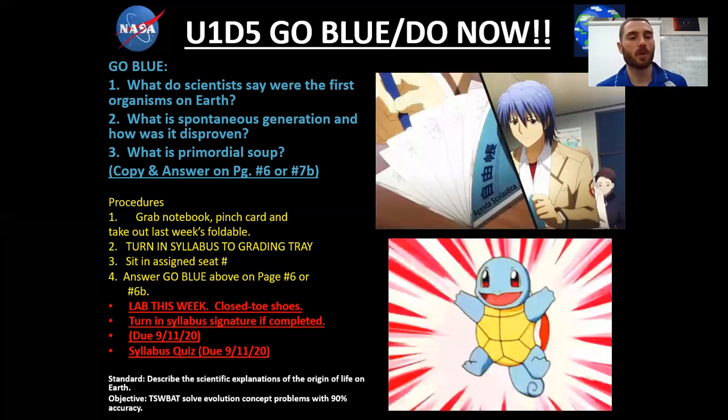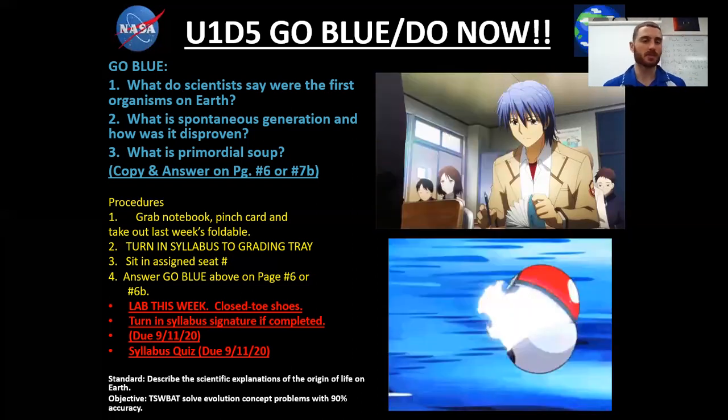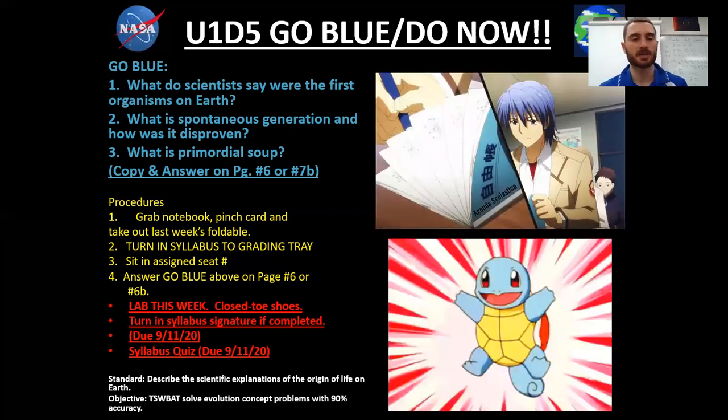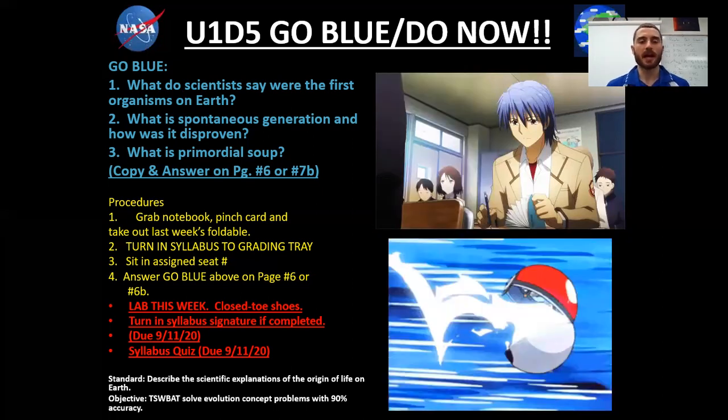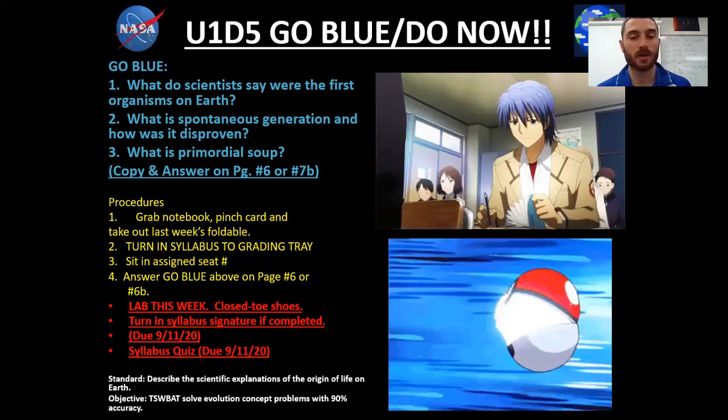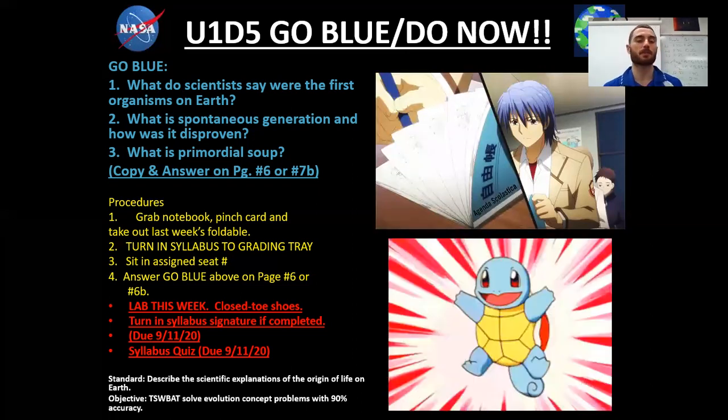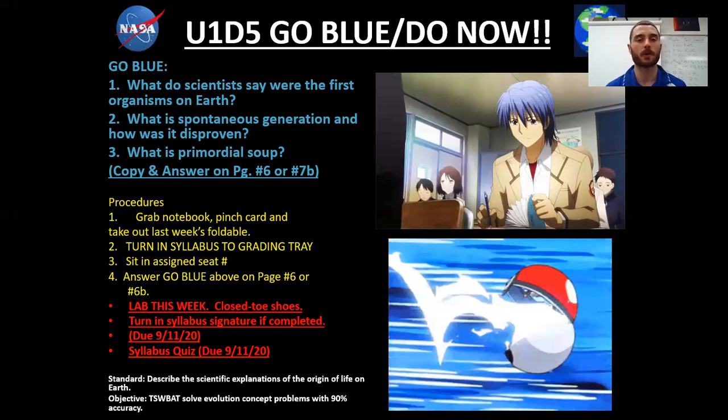As for our questions, number 1, what do scientists say were the first organisms on Earth? 2, what is spontaneous generation and how was it disproven? And 3, what is primordial soup? All those questions need to be put on page 6 or 7B of your notebooks. Let's look over number 1: we have unicellular bacteria.